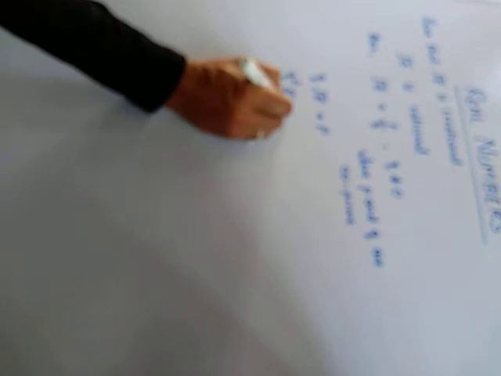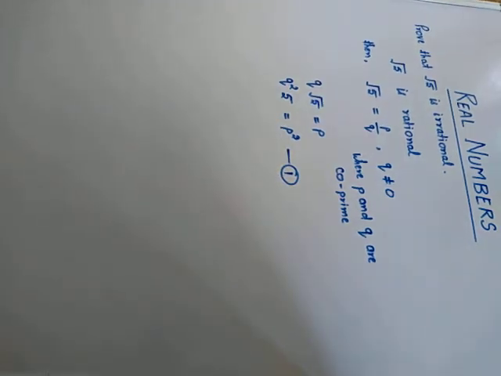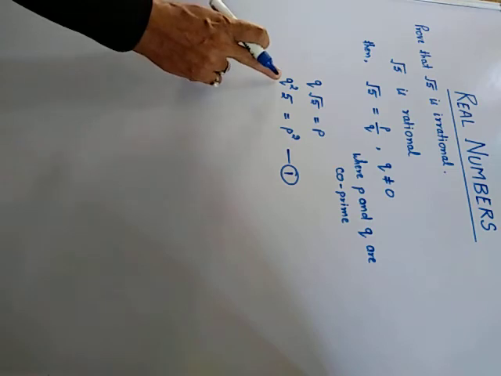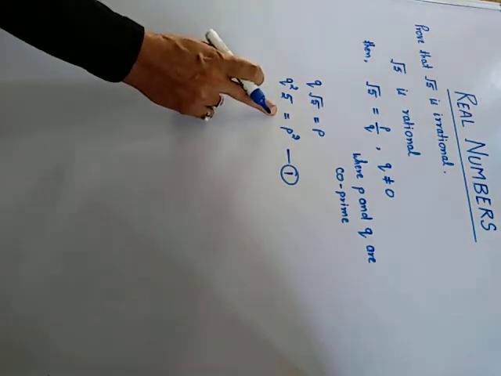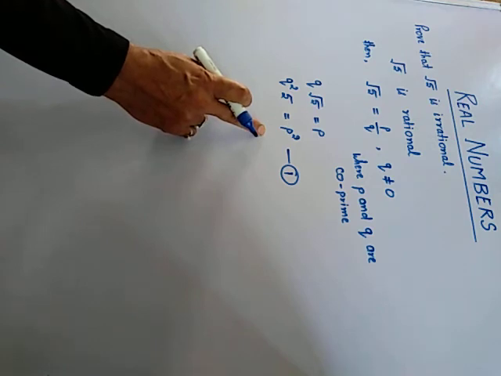Squaring both the sides, we will get q square into square of under root 5, which is 5, equals p square. This is equation number 1. Now what does it mean? q square equals p square upon 5. We can write this.